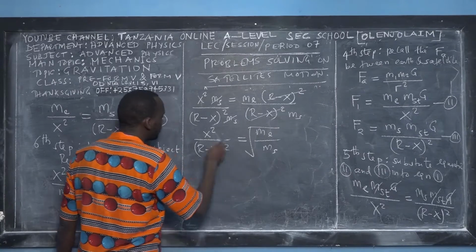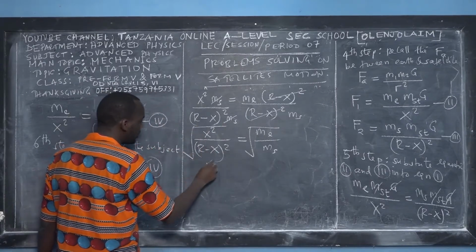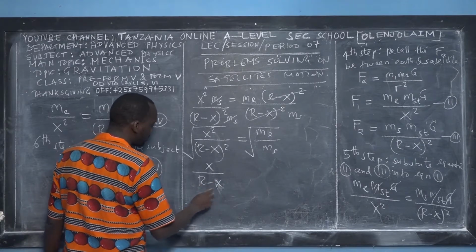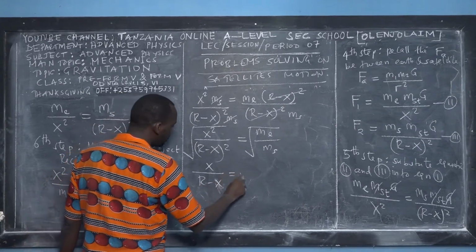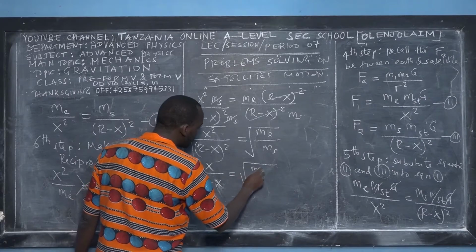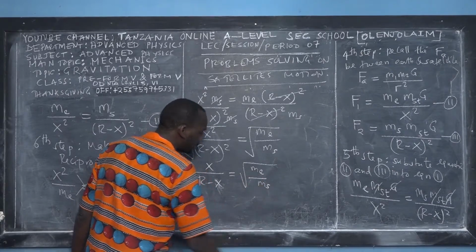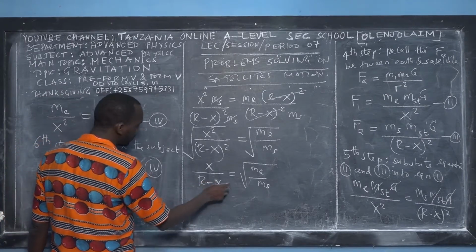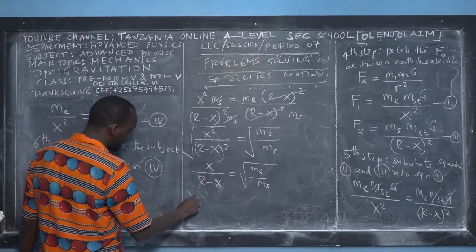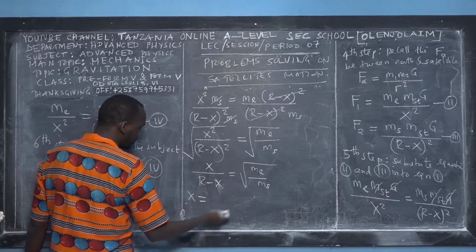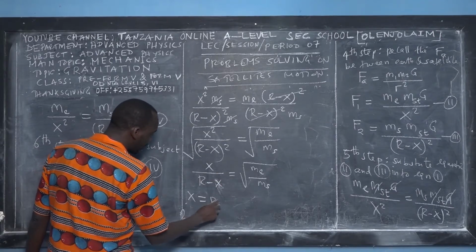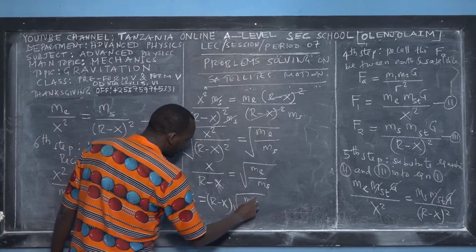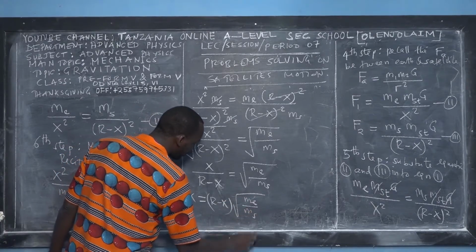So you have to find the square root of both sides. We have x over the distance from the S to the sun, this is equal to the square root of the mass of the S over the mass of the sun. We are still looking for the value of this one, so we cross multiply, and this is equal to r minus x times the square root of the mass of the S over the mass of the sun.